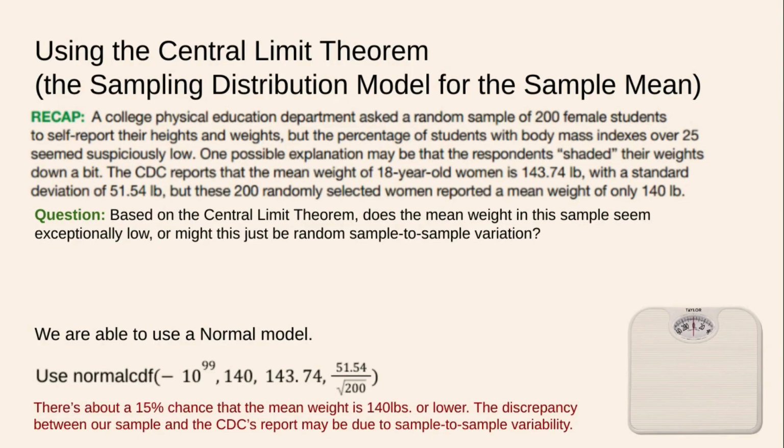If we had, for example, say a 1% chance that the mean weight is 140 pounds or lower, okay, maybe there's some shady business going on. But sample-to-sample variability may account for this discrepancy here. With a probability as high as 15%, there's no reason to think we can assume that people were being dishonest.